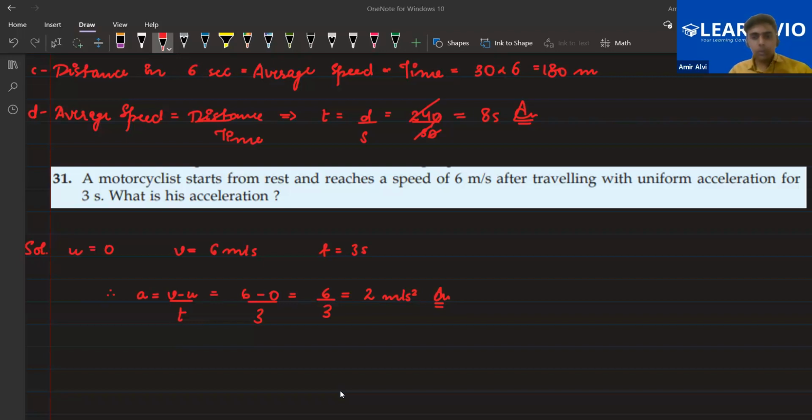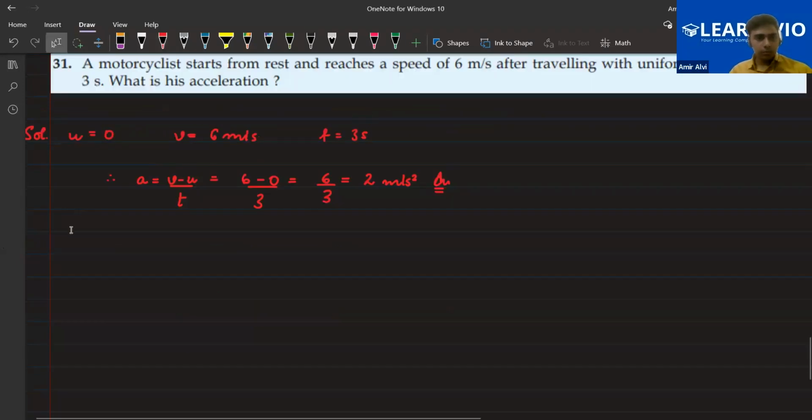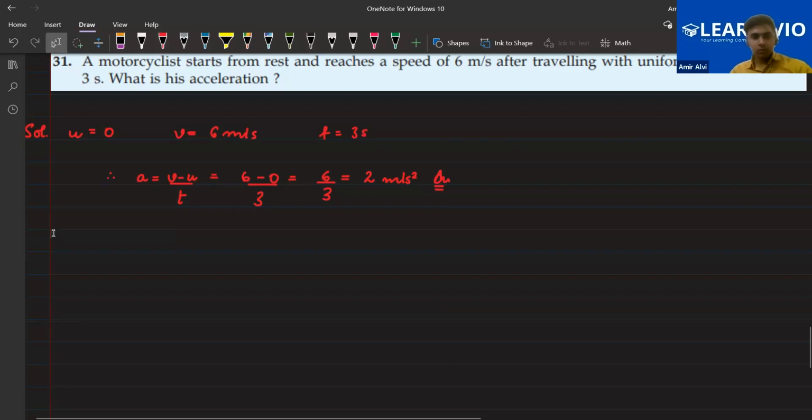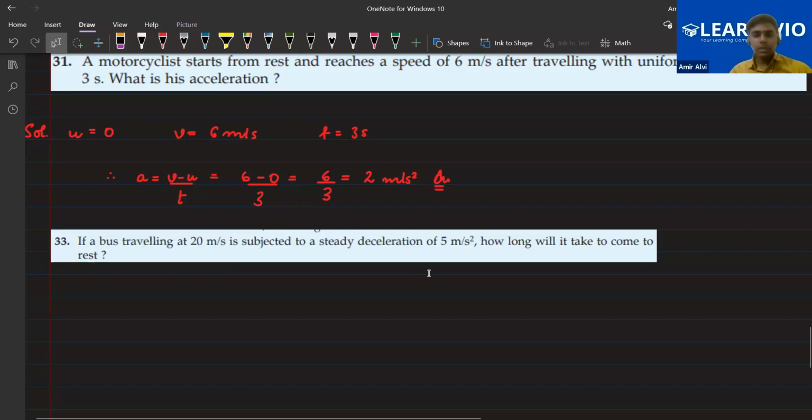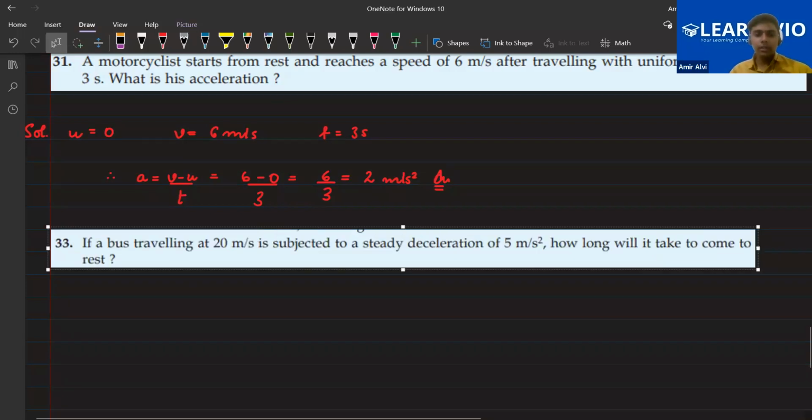Okay. Now I'm giving one question to you. This is an opposite question. It's a question of deceleration. Please try this one, everyone, and let me know the answers.